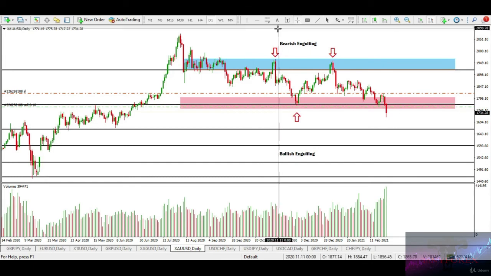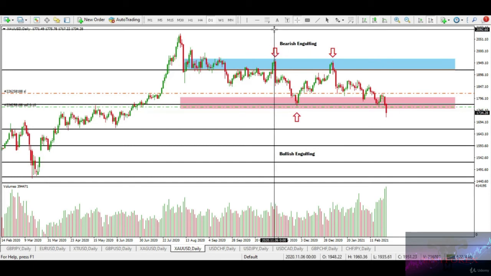Now on gold, both bearish engulfing patterns were also associated to increasing volumes, and their appearance on key levels increased strength of these patterns.